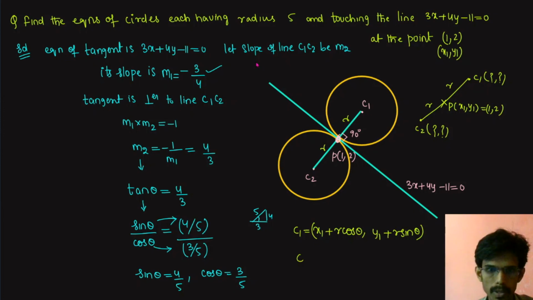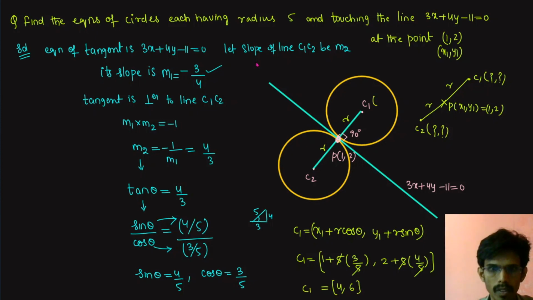So let me substitute it. The x1 value is 1 plus r, given as 5 in the question, times cos theta, which is 3 by 5. y1 is 2 plus 5 into 4 by 5. So this will become 4, 6. So the center C1 will be 4 comma 6.